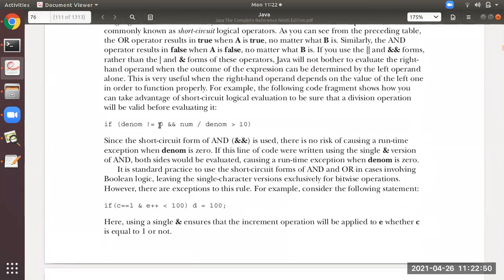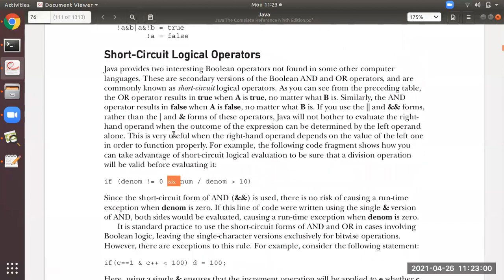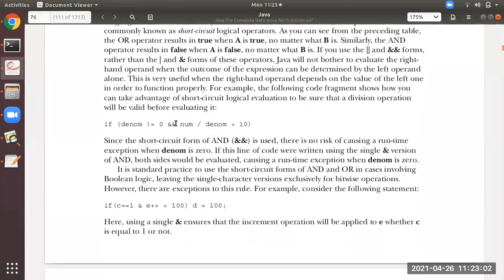See over here, there is one value, denominator not equal to 0. Then the short circuit Boolean AND operator is performing an AND operation with the number divided by denominator greater than 10.